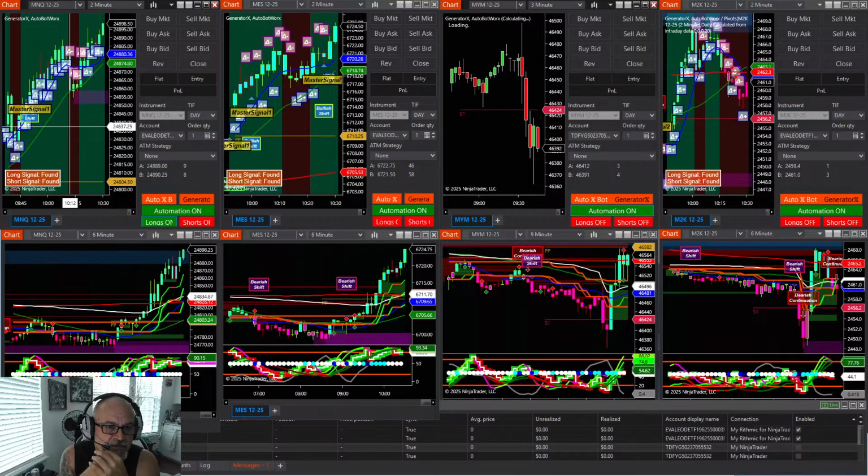No, no, no. I keep mine pretty simple. Because the background state's going to be the same. If it's green, then price is above the 21. If it's red, it's below the 21.